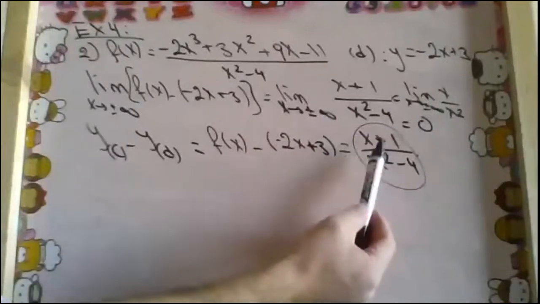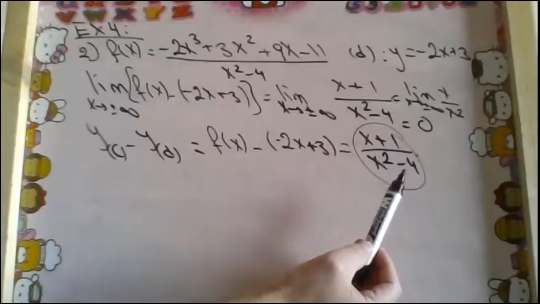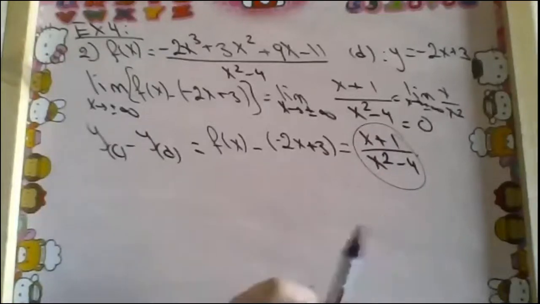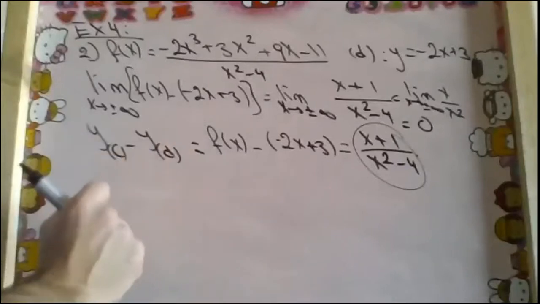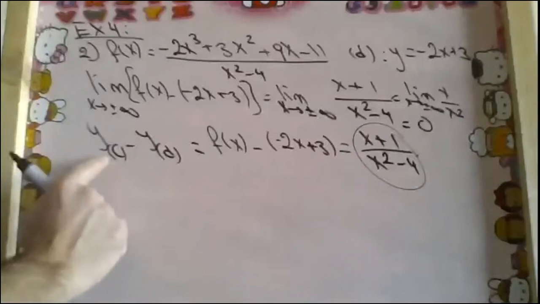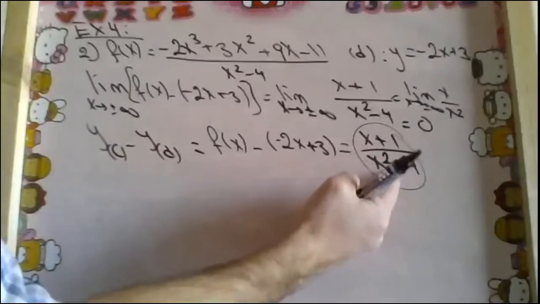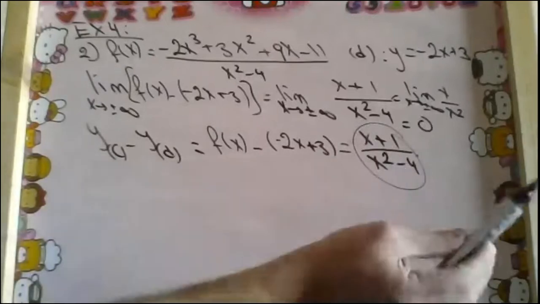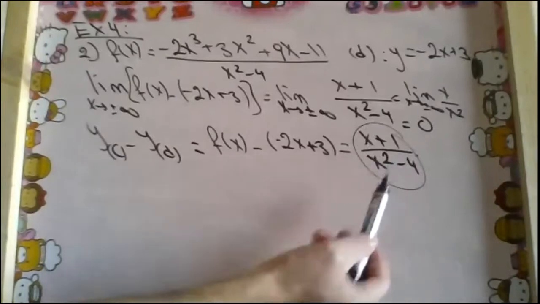Now to study the sign of this, in order to study the relative positions, you have to study the sign of yc minus yd, the sign of x plus 1 over x squared minus 4. As you learned in the previous lesson in chapter 2, you have linear over quadratic.